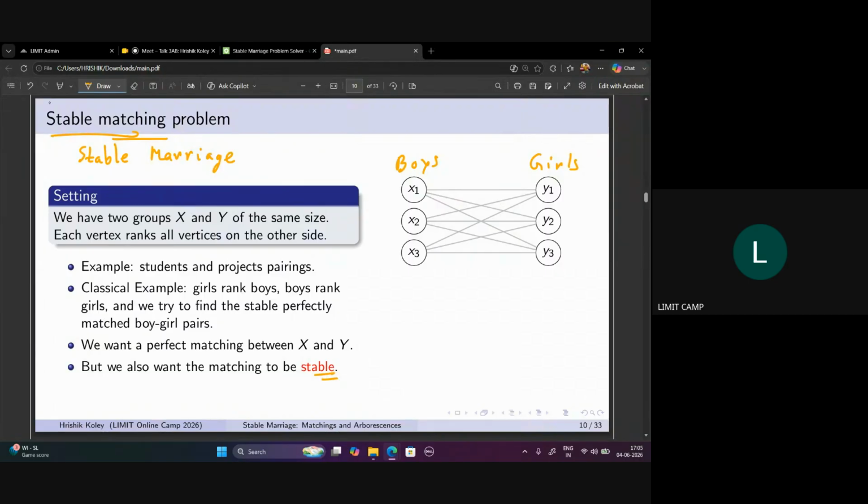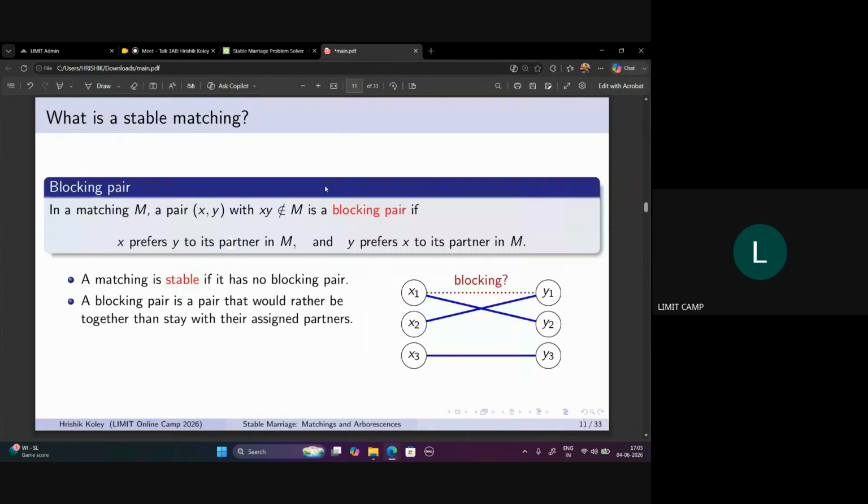So what do I mean by stable? Well, I have a picture here. So stable means there can be no blocking pair. That is, let's say in the perfect matching that you give me, you pair x1 to y2 and x2 to y1.